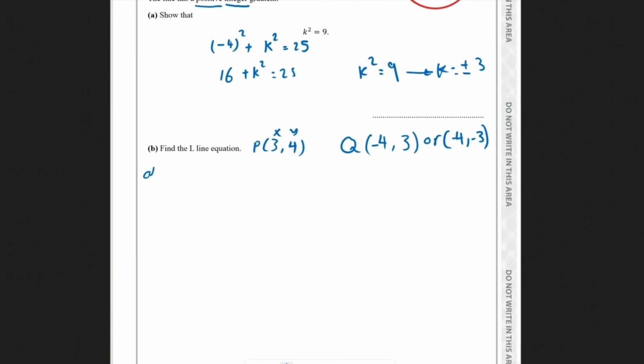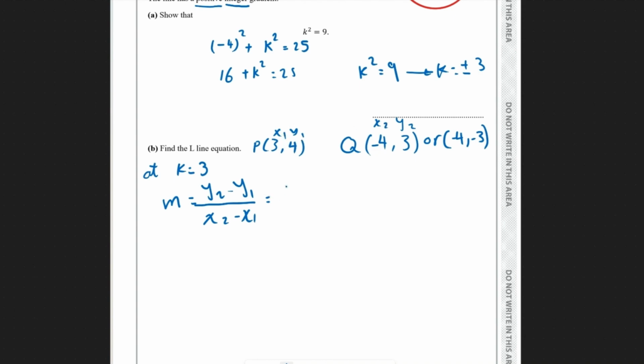So we say at k equals plus 3, m equals change in y divided by change in x. So that means y2, at this one y2, this one x2, this one y1, x1.